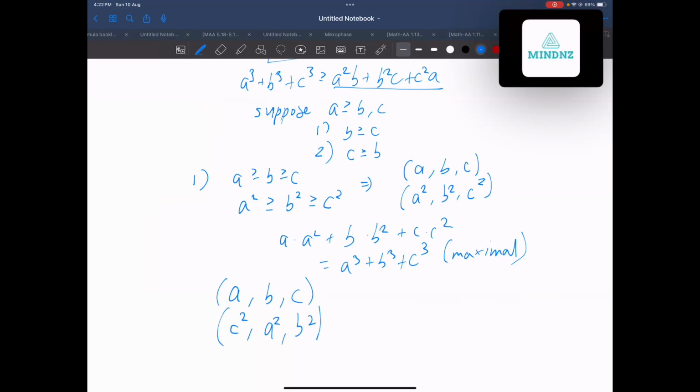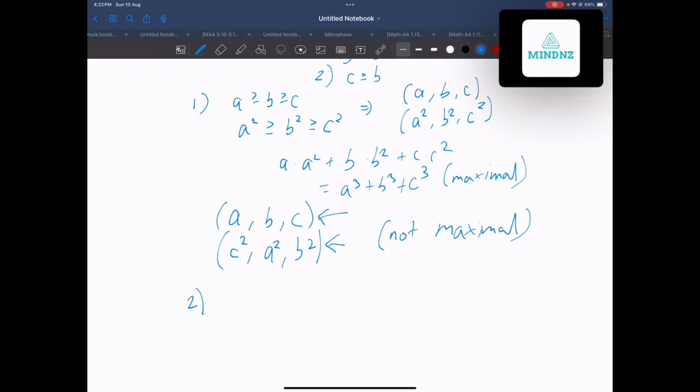So we've mixed up the order so that the smallest one in the second sequence is getting multiplied by the largest one in the first sequence. Therefore we know that this is not maximal. And consequently, we have finished the proof for the first case.